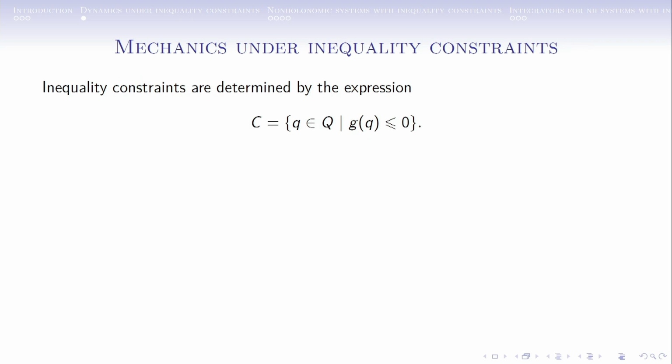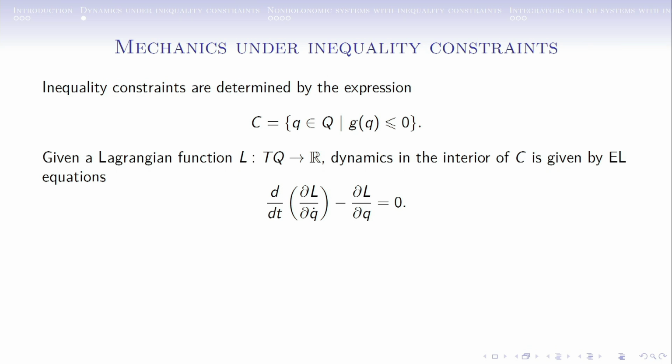Mathematically, for us, an inequality constraint is exactly a manifold with boundary that is defined by some expression of this type, where G is a smooth function. I'll denote sometimes by ∂C, the partial of C, the boundary of this set, the set of points where the function G is equal to 0.